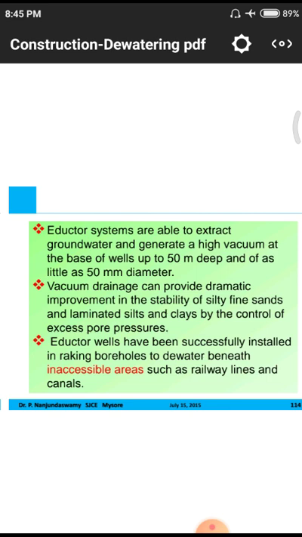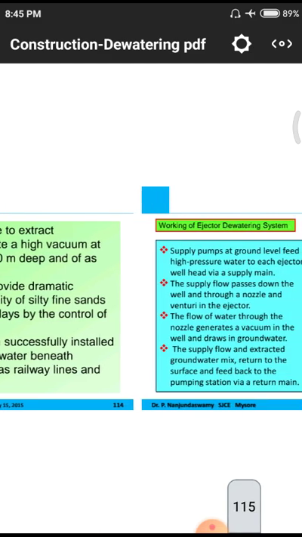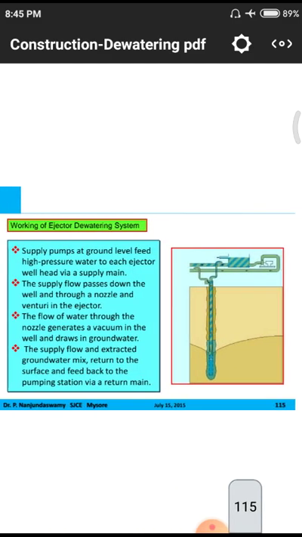In those cases there may also be some losses due to penetration, seepage, percolation and void content, so we need to go for these ejector wells. Why? Because the water enters the groundwater, and that water also needs to be removed with the help of these ejector wells.